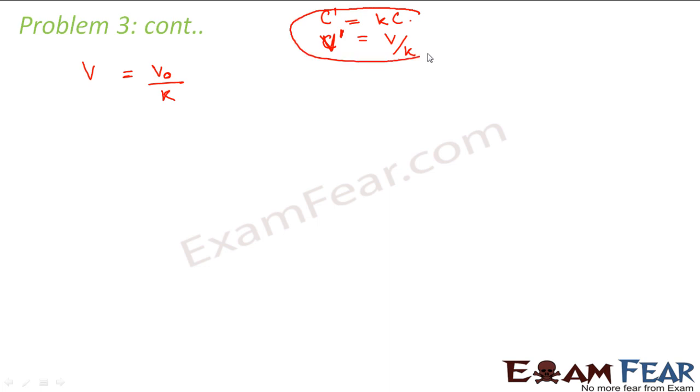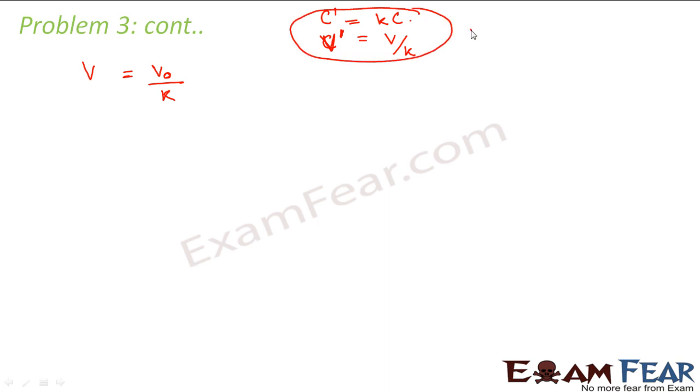So if it is first charged as an air capacitor and then filled with dielectric, the potential will also change. The potential will become 1 by K times the initial potential, because the new capacitance becomes K times the original capacitance.